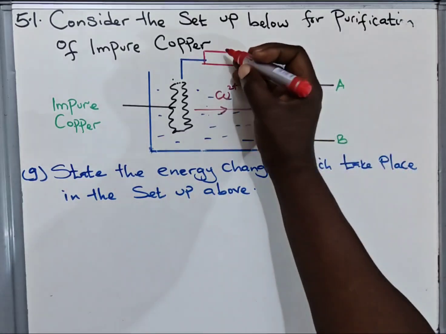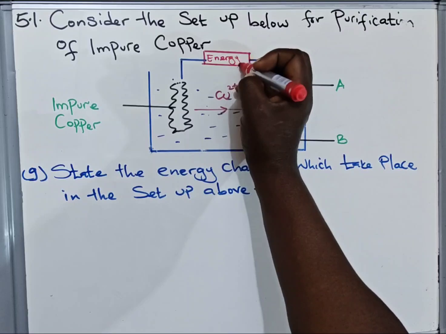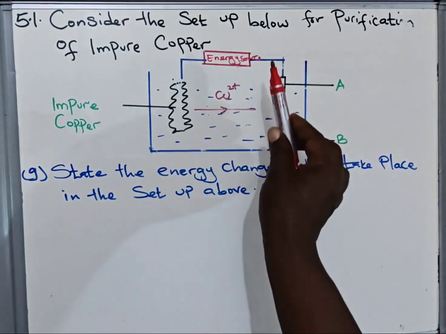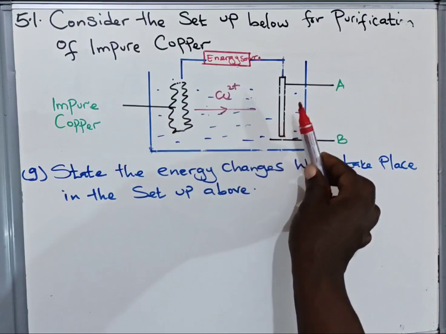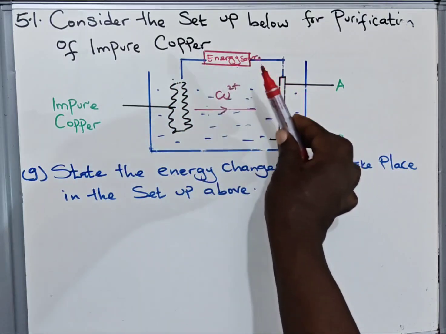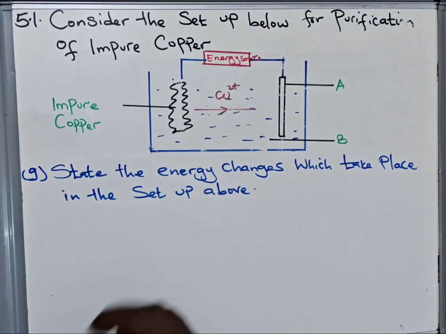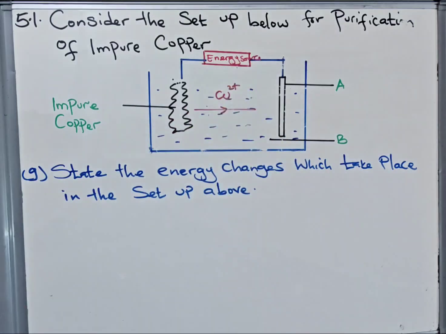Because having this energy source implies that this energy source is the one which drives the chemical reactions taking place inside here. So there's a trick here. Every time you have a battery or energy source on the setup, the change is from electrical, which is provided by the energy source, to chemical.